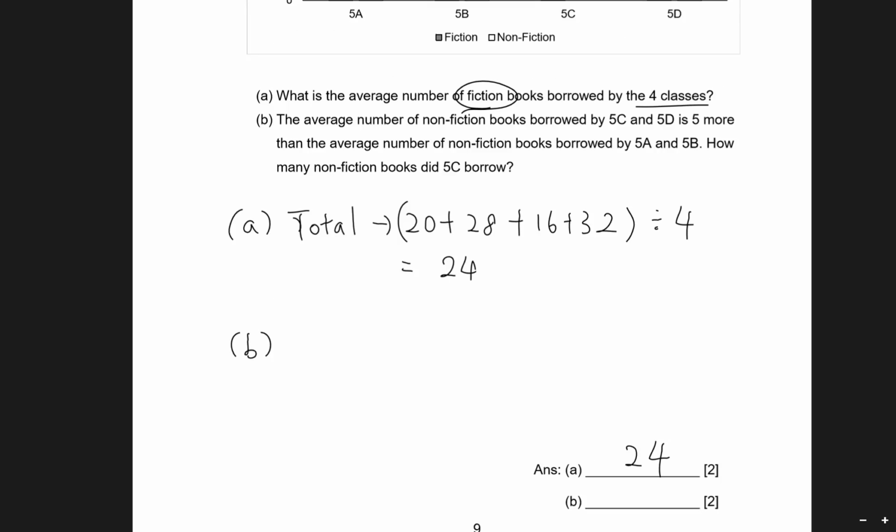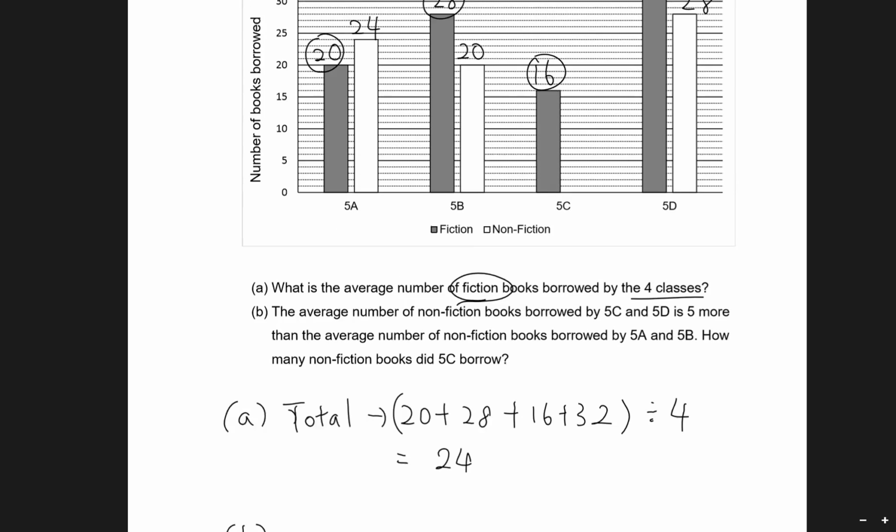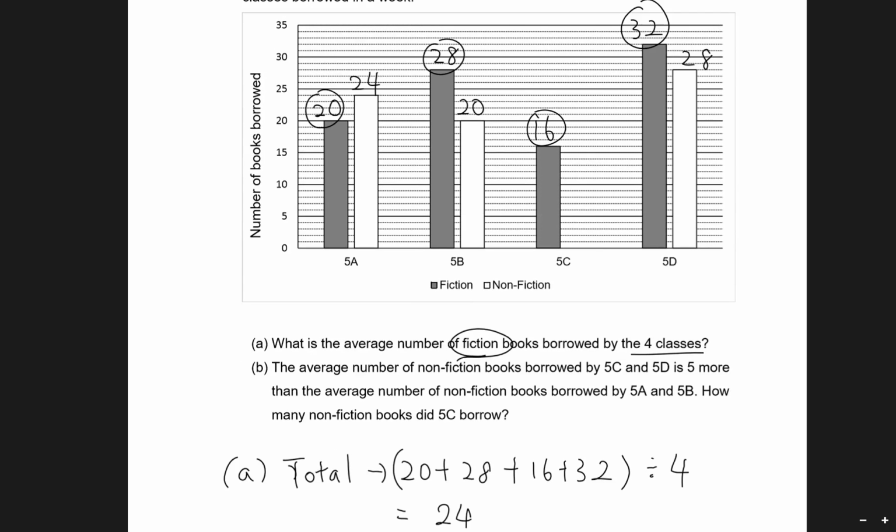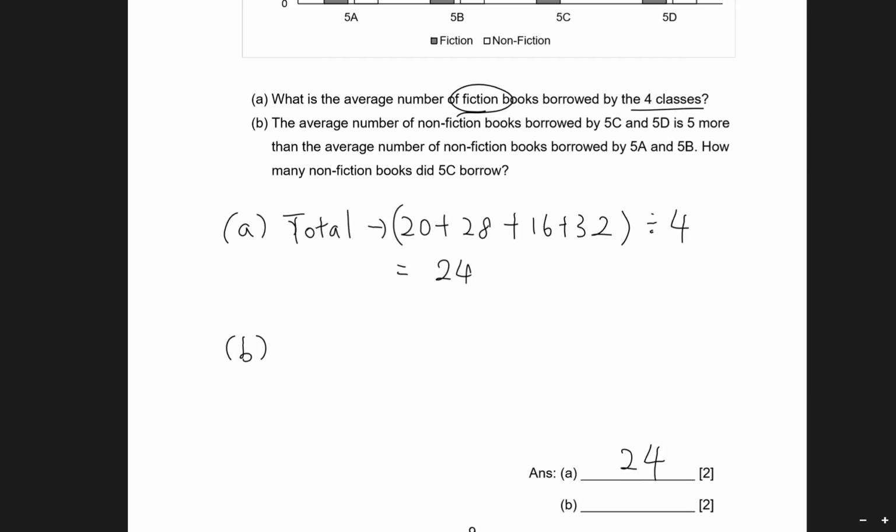Okay, now B says the average number of non-fiction books borrowed by 5C and 5D is 5 more than the average number of non-fiction books borrowed by 5A and 5B. Now the non-fiction books will be this one. I put it in a different shape, and this one. So 24 and 20 gives a total of 44.